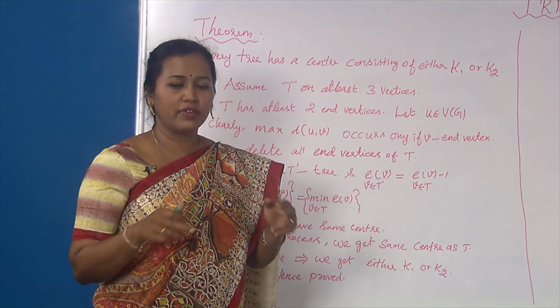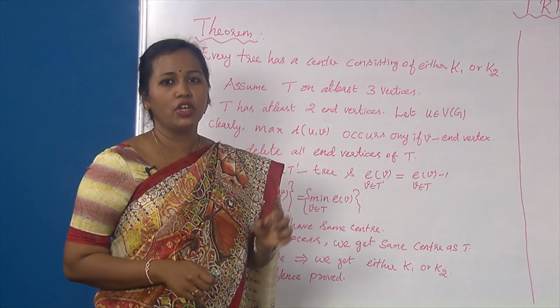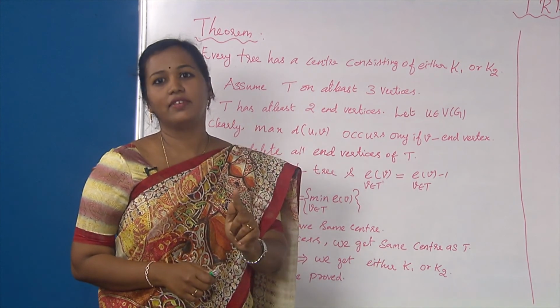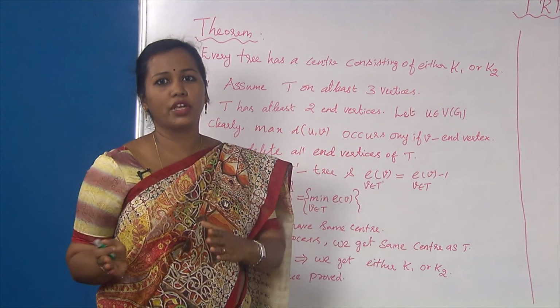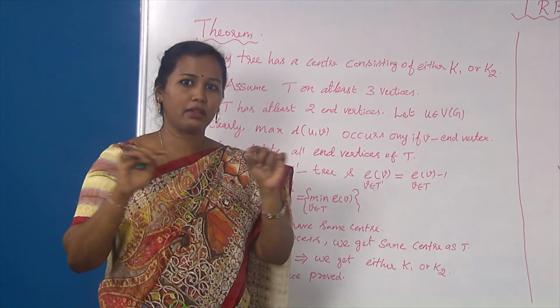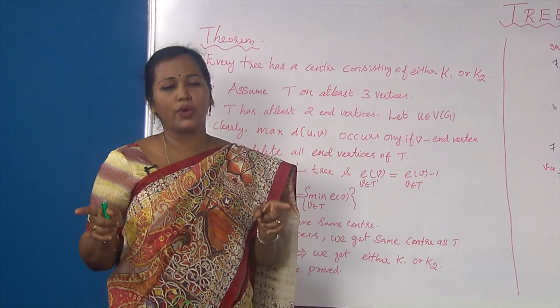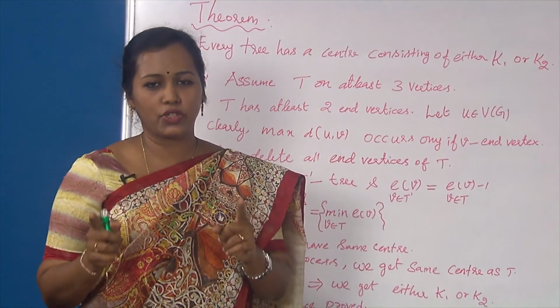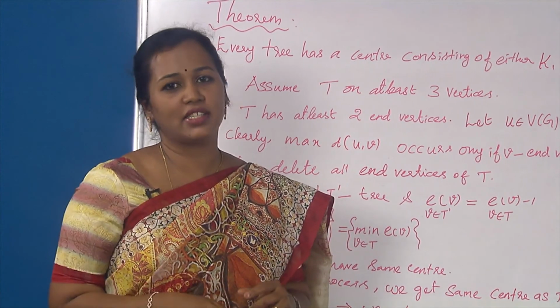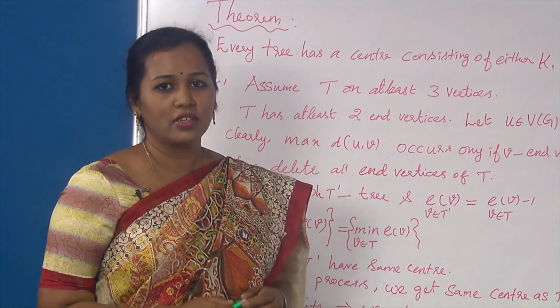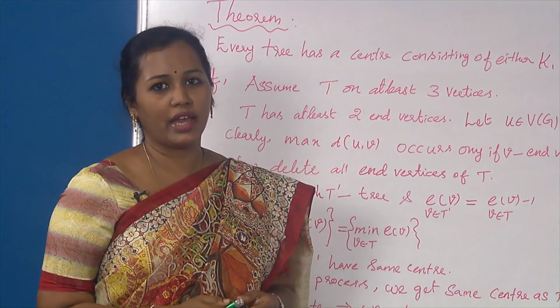So, by removing the vertices recursively, you are arriving at either a single vertex K1 or an edge K2. Even for path P4, if you remove the last 2 end vertices, you are arriving at K2, and for the path P3, if you remove the last 2 end vertices, you arrive at a single vertex, namely K1. So, this is also another way of looking at things.